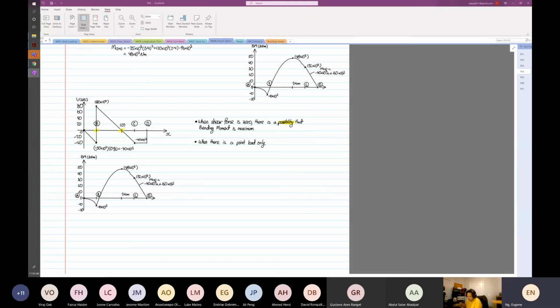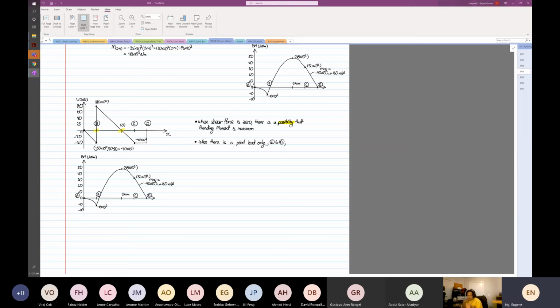So I want you to see between B and C, C and D. Okay, so I want you to focus on point C to point D, right? Between that region C to D, there's only a point load distribution.